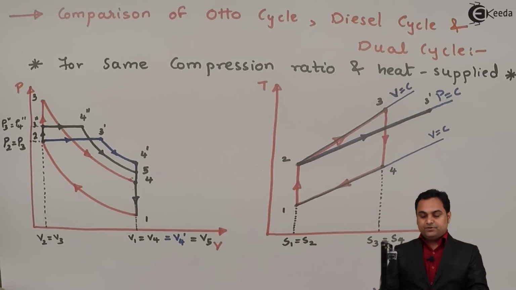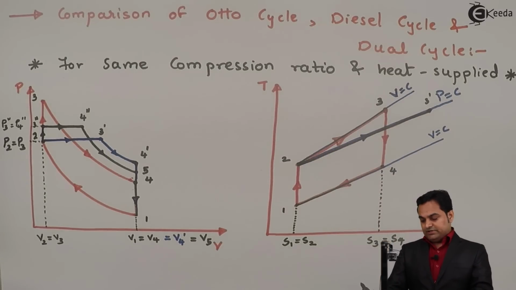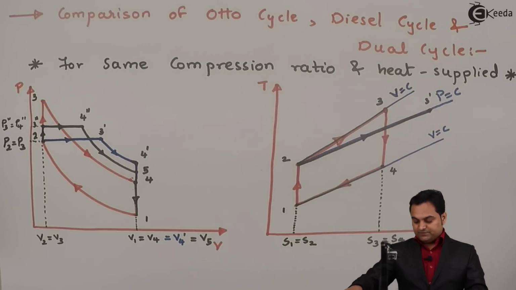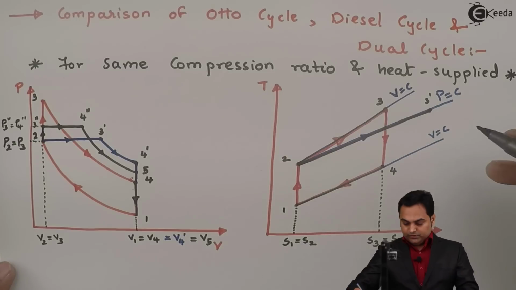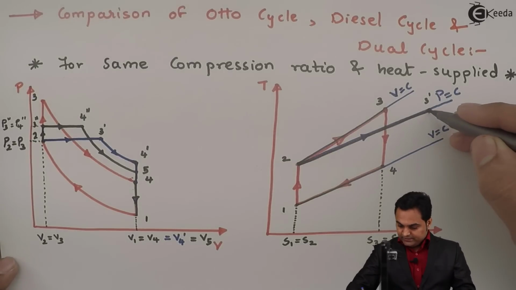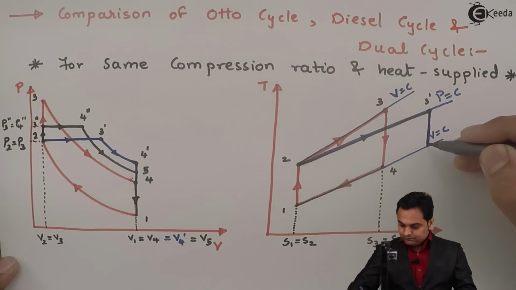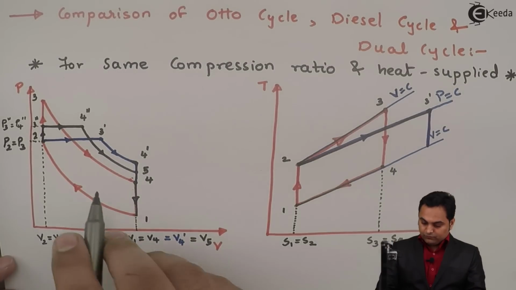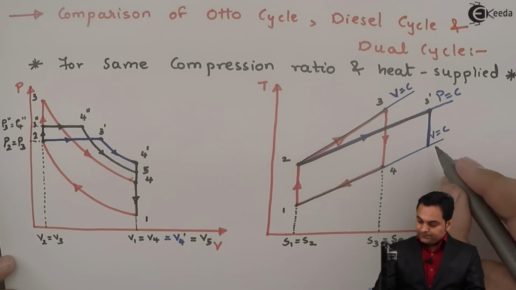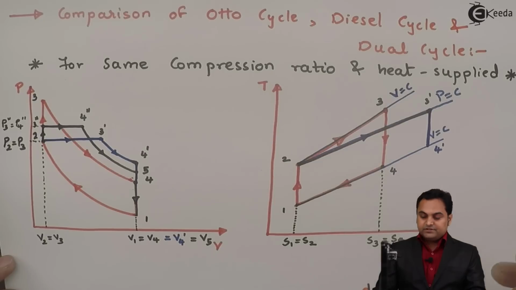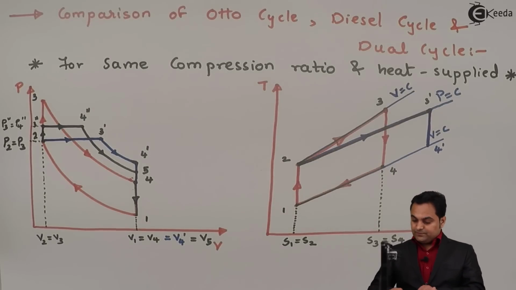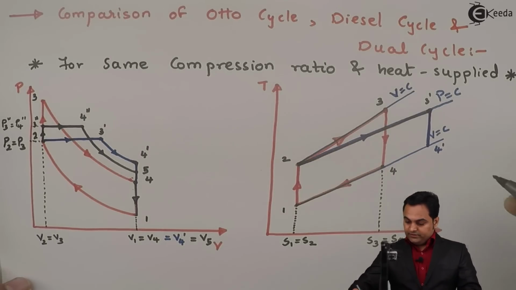This is the constant pressure heat addition. Next process is isentropic expansion. So it will be shown with the help of a vertical line, keeping the entropy constant. So from 3 dash to 4 dash, it is the isentropic expansion for diesel cycle.